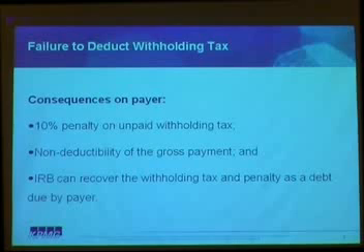Finally, the IRB can recover the withholding tax and the penalty as a debt due by the payer. Even in the cases where the payer decided not to take a deduction of the gross payment made, the IRB can still come after the payer for the withholding tax and the penalty.